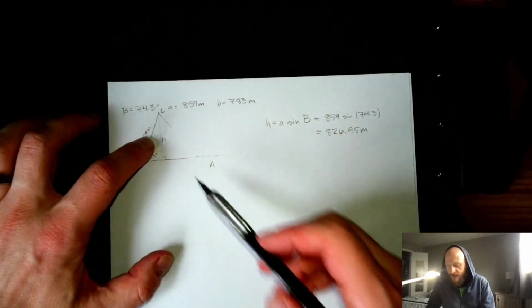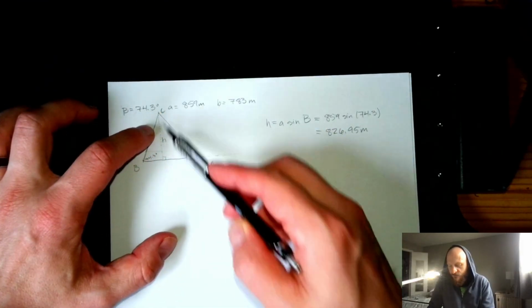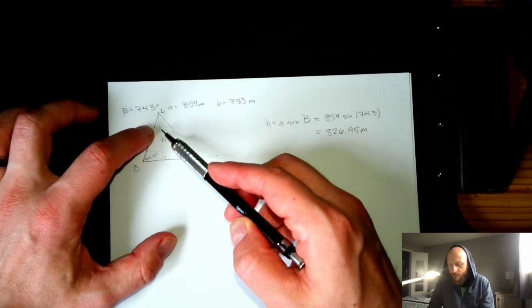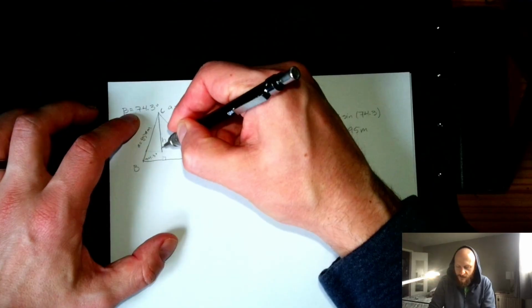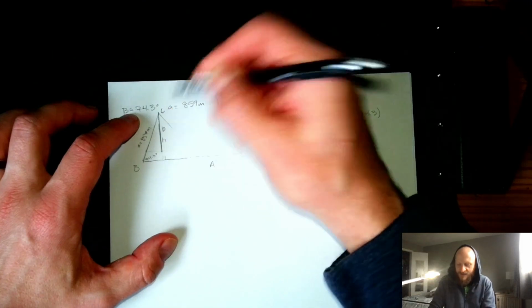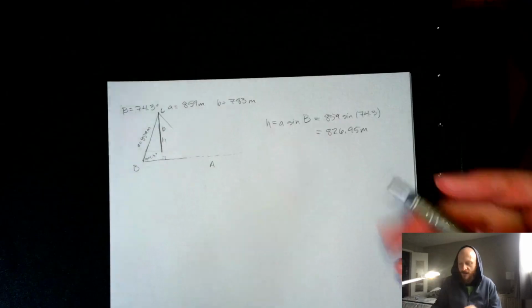So this height right here is 826.95 meters. B, though, is shorter. So B hangs down right here. This is side B. Notice side B doesn't actually touch. No triangle.